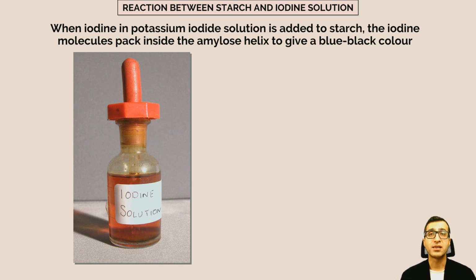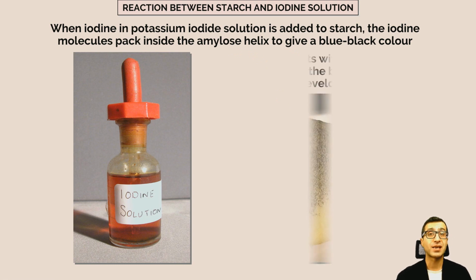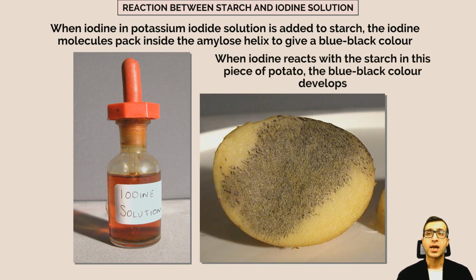So when iodine in potassium iodide solution, as you see here, is added to a food solution or a substance containing starch, the iodine molecules will pack inside the amylose helix to give the characteristic blue-black colour. And so when the iodine reacts with the starch in this piece of potato, we get this blue-black colour developing where the iodine reacts with the starch.